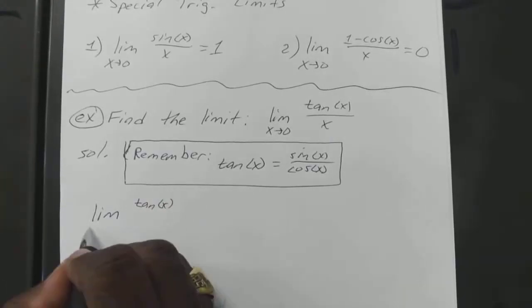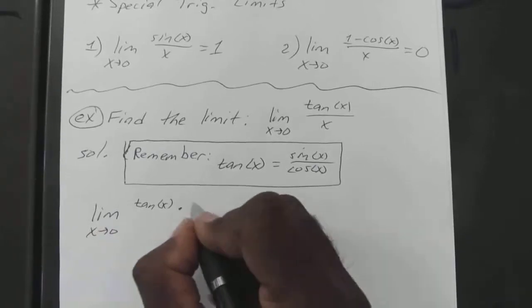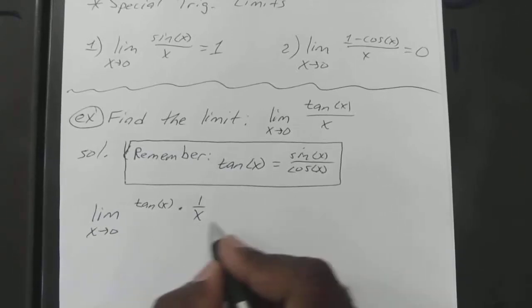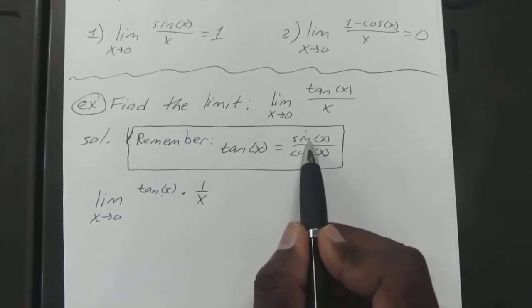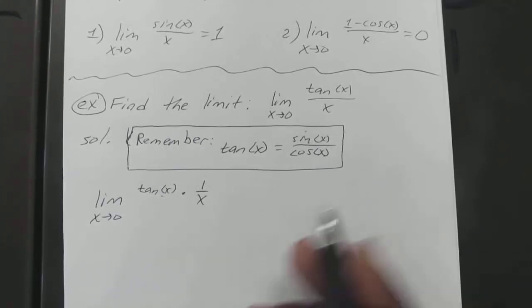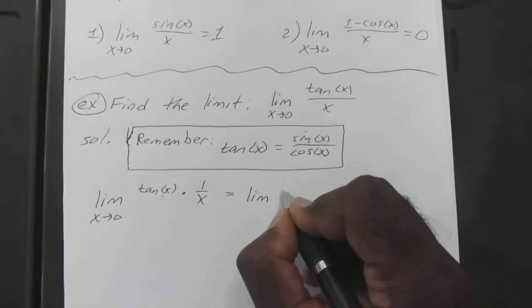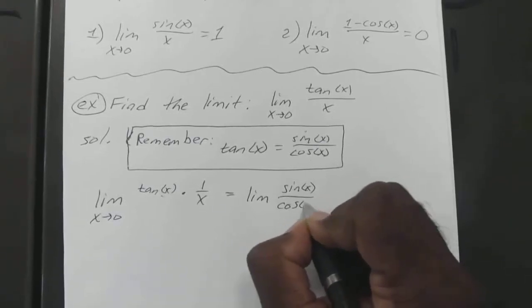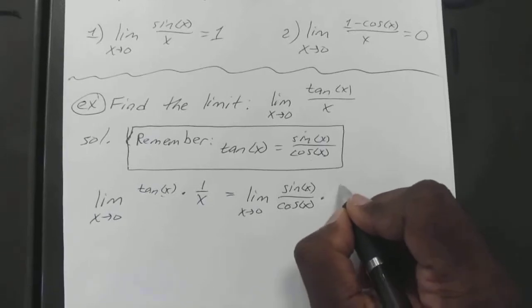Now all we have to do is replace tangent x with sine of x over cosine of x. The limit of sine of x over cosine of x times 1 over x.